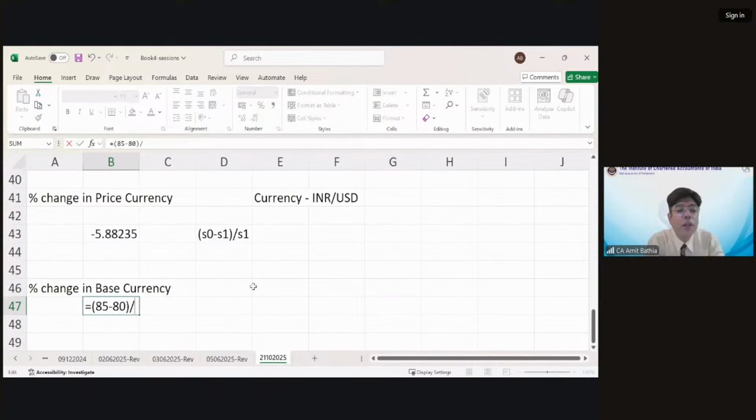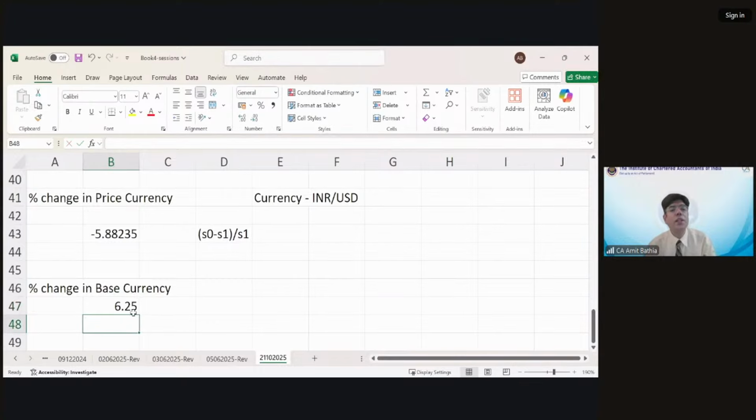So here I'm going to essentially say it has to be 80. So you can see this is 6.25 percent change in the base currency. 80 became 85.